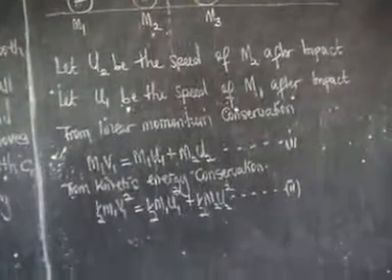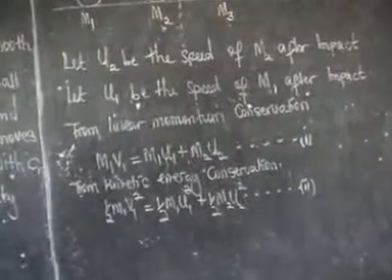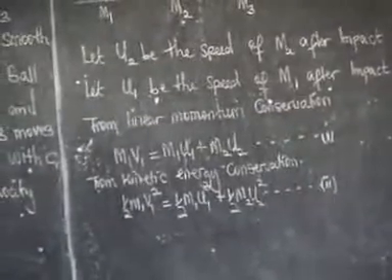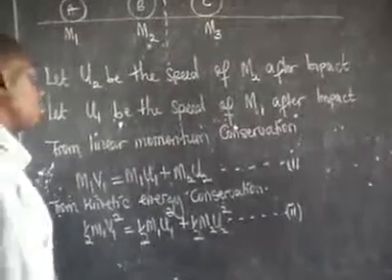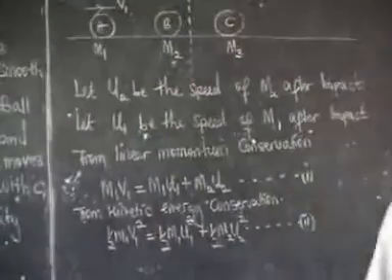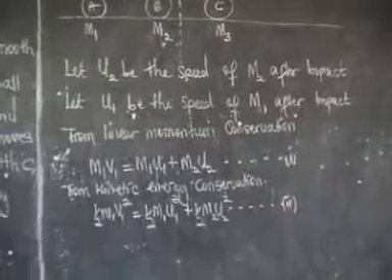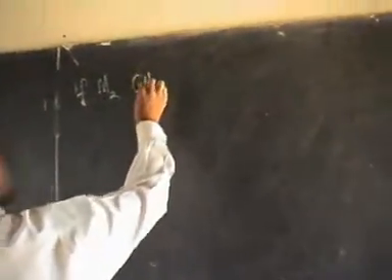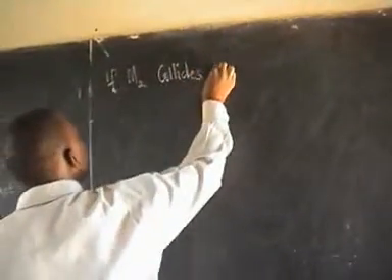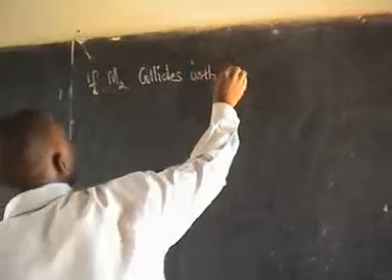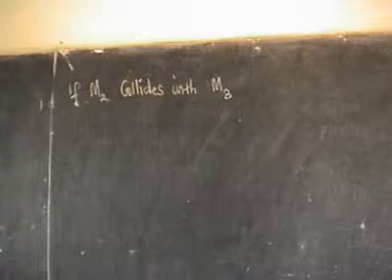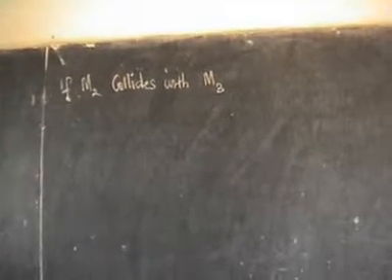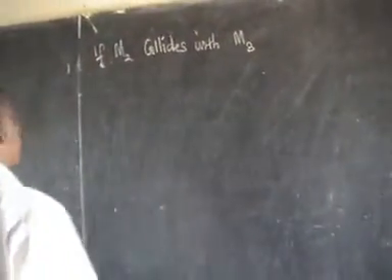Now if M2 collides with M3, remember M2 will be moving with the speed U2. We are told that the collision is perfectly inelastic, it means both will move with the same velocity since they will stick together.